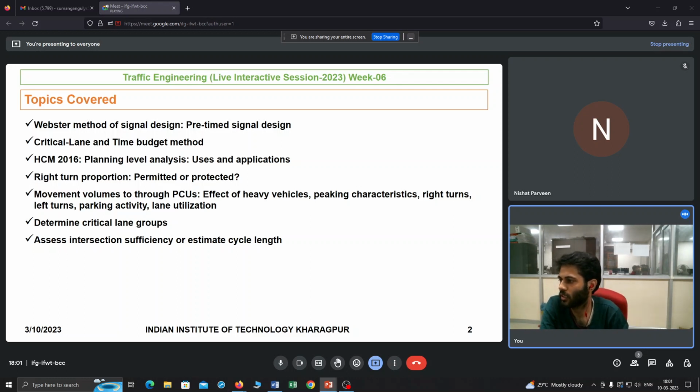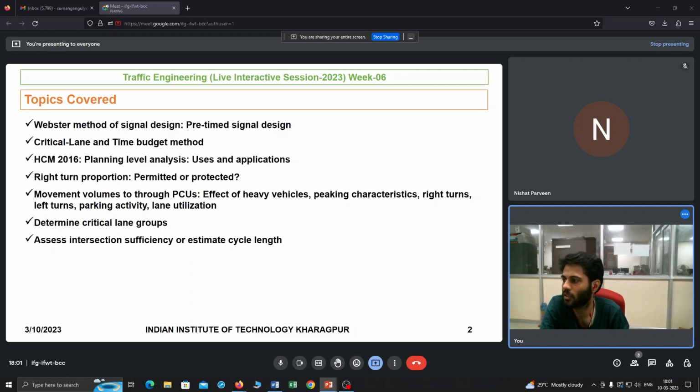So the detailed operational level analysis is not included here, because it involves a lot of formulas. Also there is less chance that you will get questions in your exams or in the assignments. I think there are not many questions from operational level analysis.